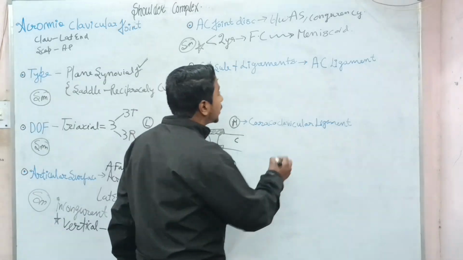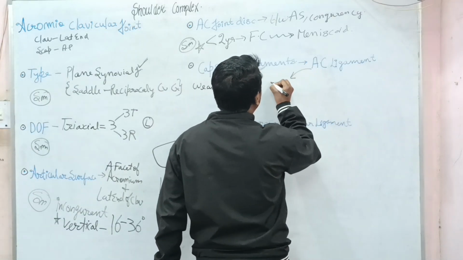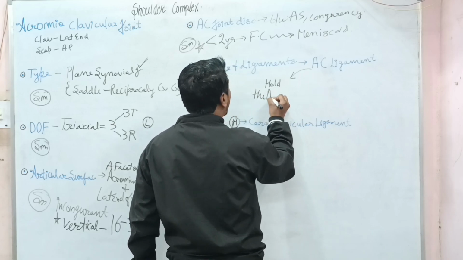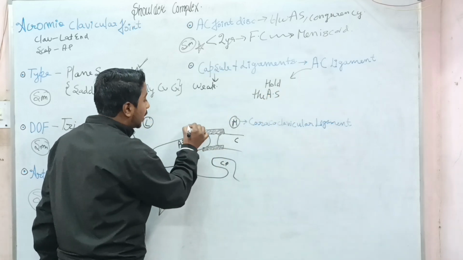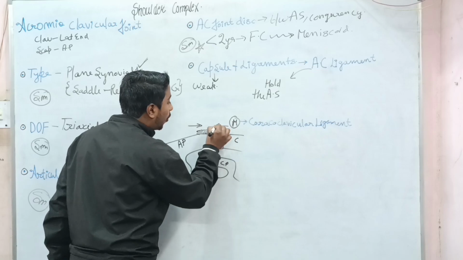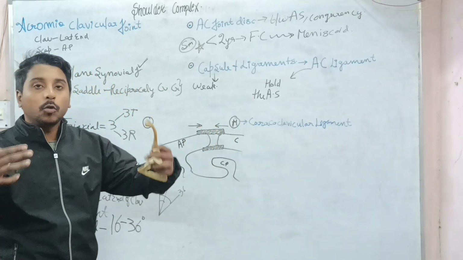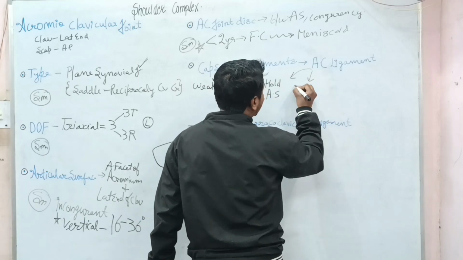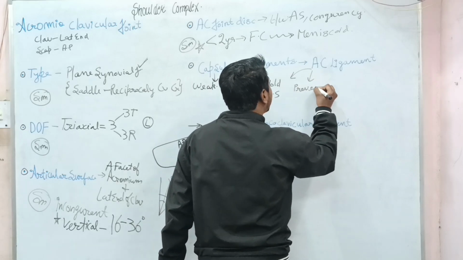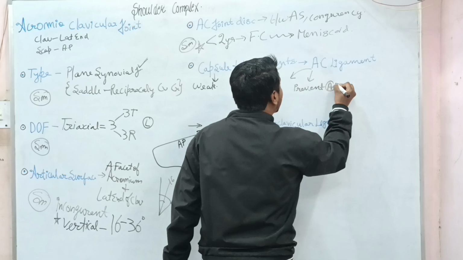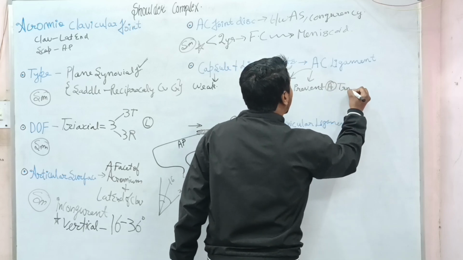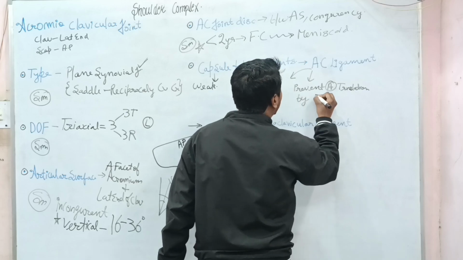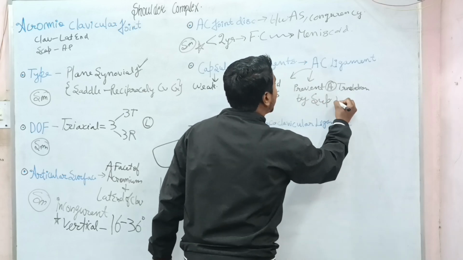Okay, and what are its functions? The first function is that it helps to hold the articular surfaces together, so it will push the acromion and clavicle toward each other to maintain them together. The second function is that it prevents anterior translation, which is caused by any sort of superiorly directed force.